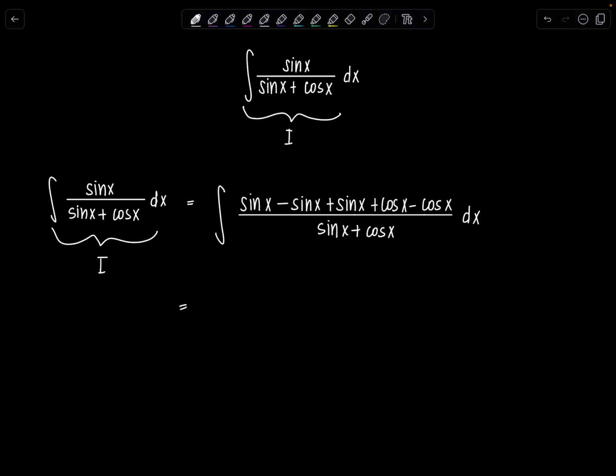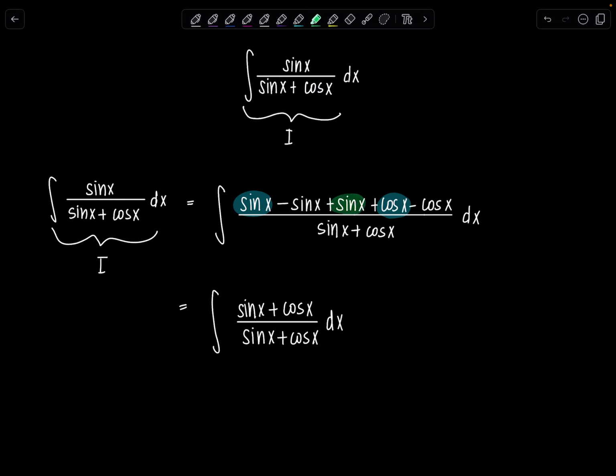I'm going to rearrange the terms in the numerator, okay? So I'm going to put the positive sine x and positive cosine x together first, and I'm going to write them separately. So just over the denominator, sine x plus cosine x dx. That's done.